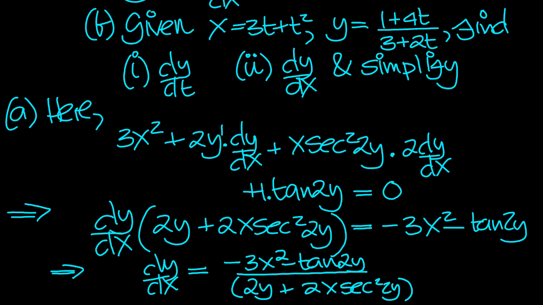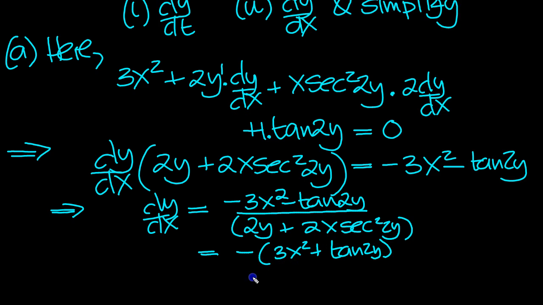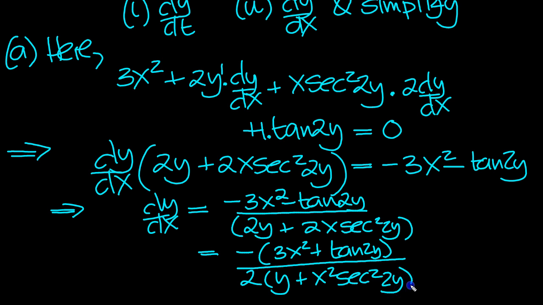And we can tidy this up, and I think it might be worth doing, since we've done a lot of work already. Take a minus out of the top, and it will be 3x squared plus tan 2y. And there's a 2 common underneath, so we can take that out also, outside a bracket. And then we can put inside the bracket y plus x squared sec squared 2y. There we go. That's dy/dx for part A.